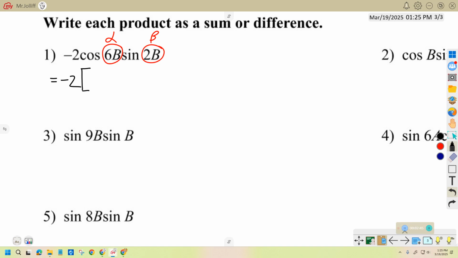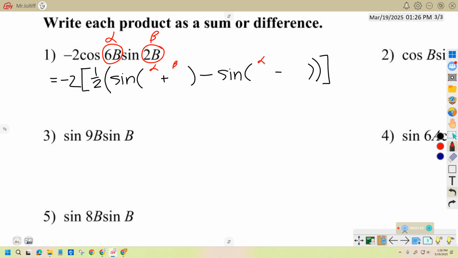And the formula says 1/2 sine of the sum of the angles minus sine of the difference of those angles. Alpha, beta, alpha, beta.